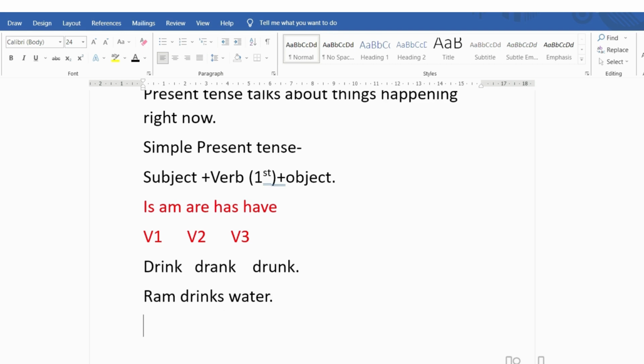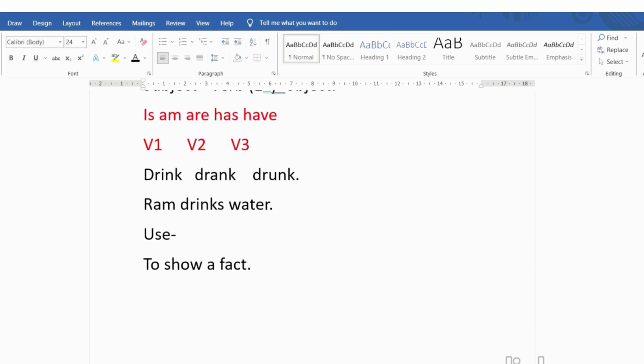Okay, now where is it used? It is used to show a fact, something which never changes. Okay, like for example, the sun rises in the east, something which will never change. Okay, this is the first usage.